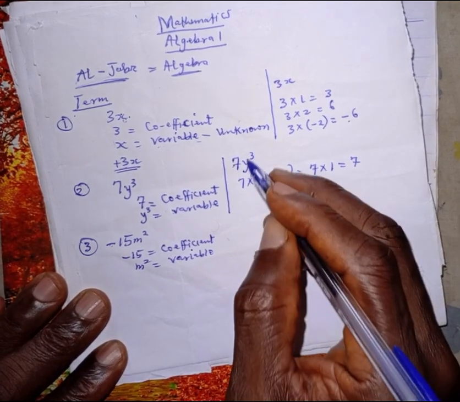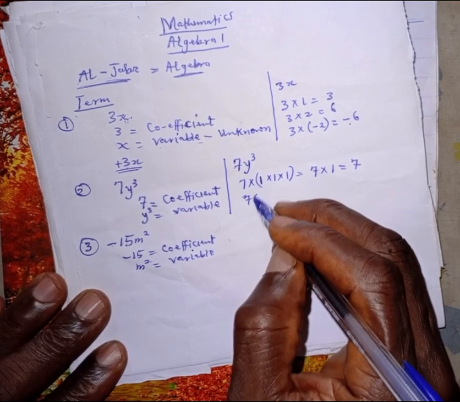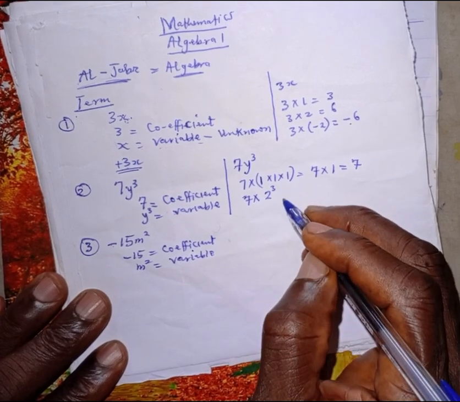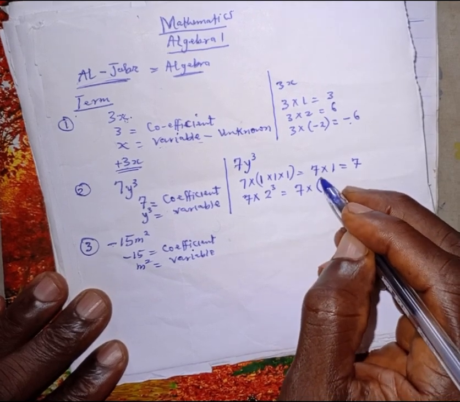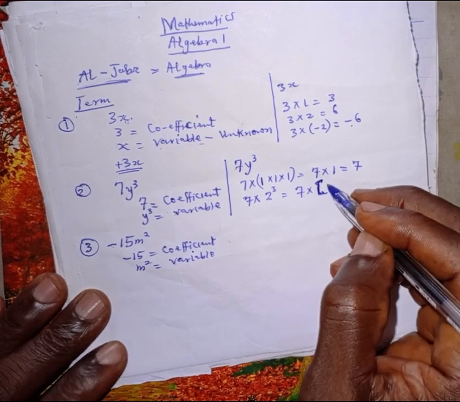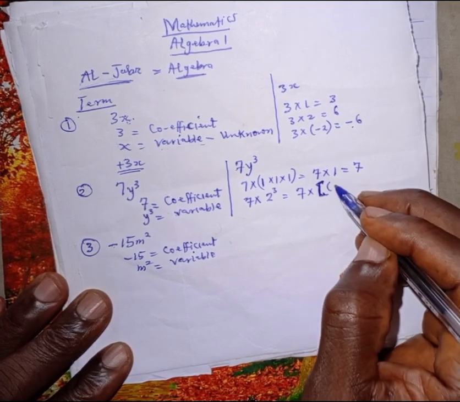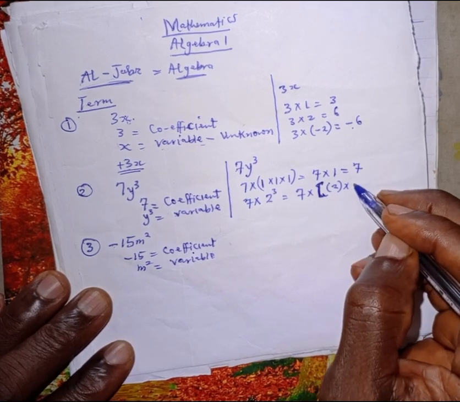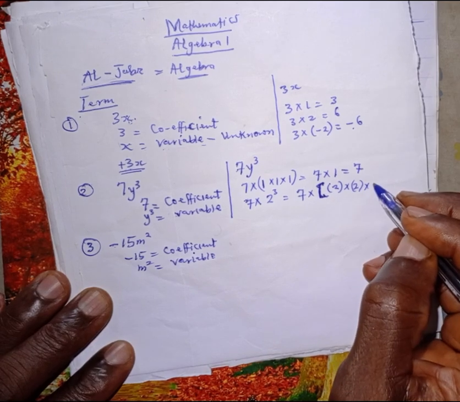So you can see the value. Let's change the value of y. Let's change the variable. 7 times, let's say 2 raised to power 3, which is equal to 7 times, let's put it in brackets, 2 times another 2 times another 2.